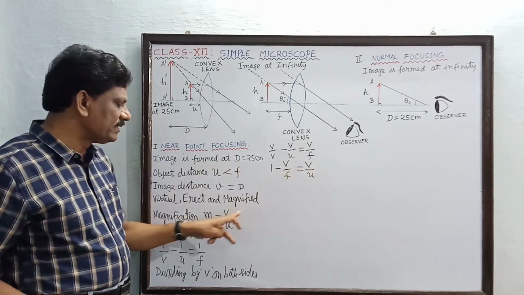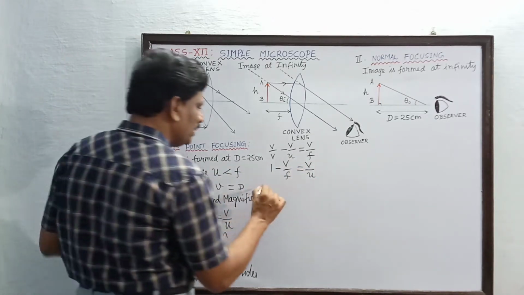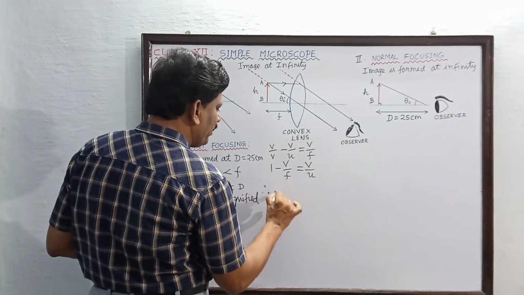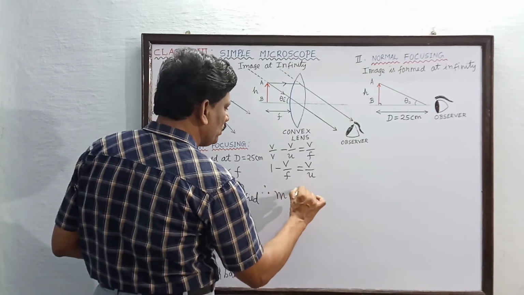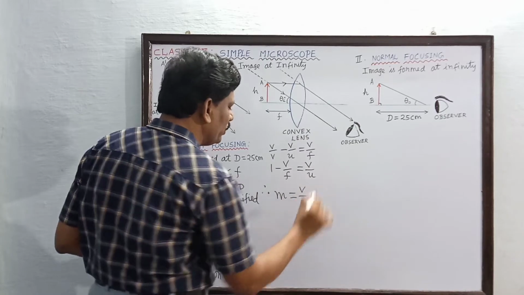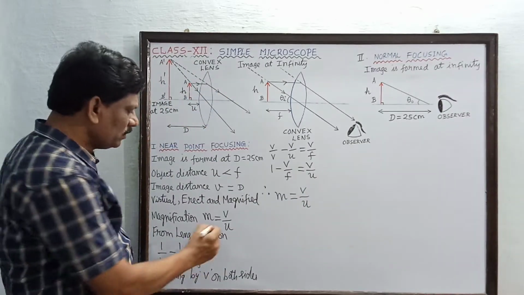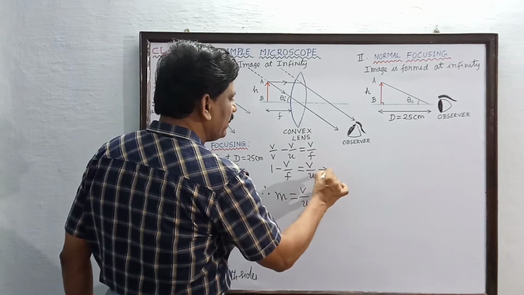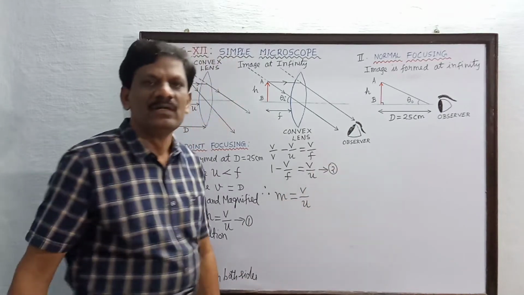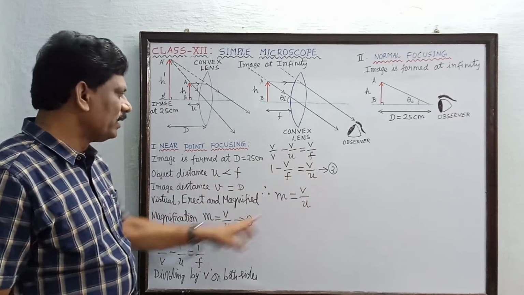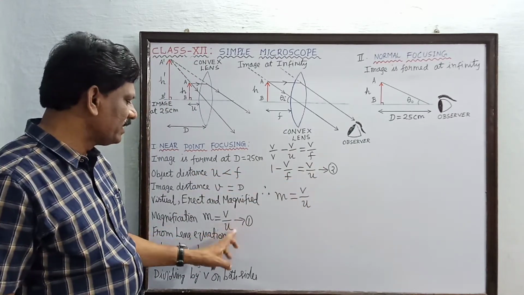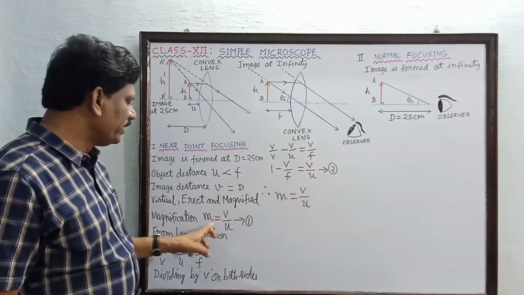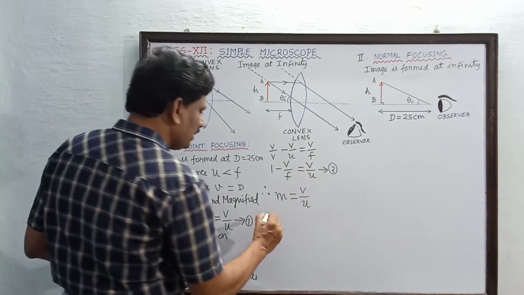The magnifying power m is equal to v divided by u. Let us take this as equation 1 and this as equation 2. From equations 1 and 2, the right hand sides are equal, v by u, so I am going to equate the left hand sides.